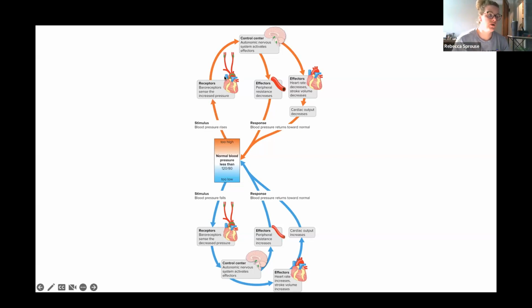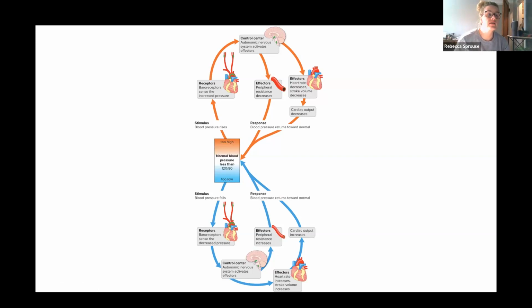Those baroreceptors are going to detect that increased pressure and send a message to the medulla oblongata. What the medulla is going to do, which we already talked about, is tell the SA node to fire less frequently. That would be the parasympathetic nervous system secreting acetylcholine and telling the SA node and AV node to fire less often.